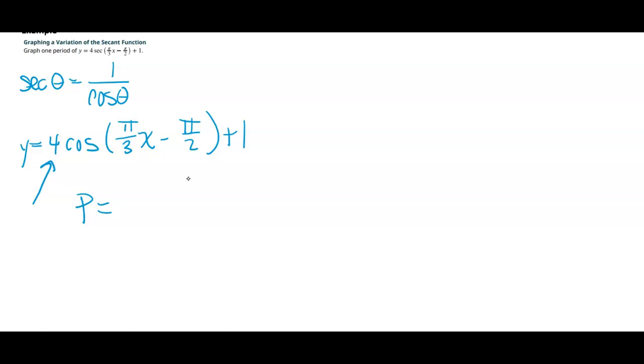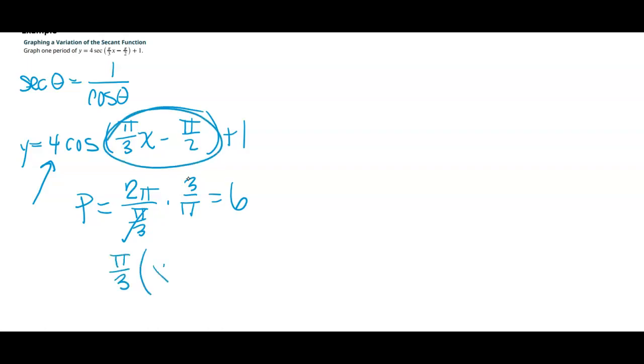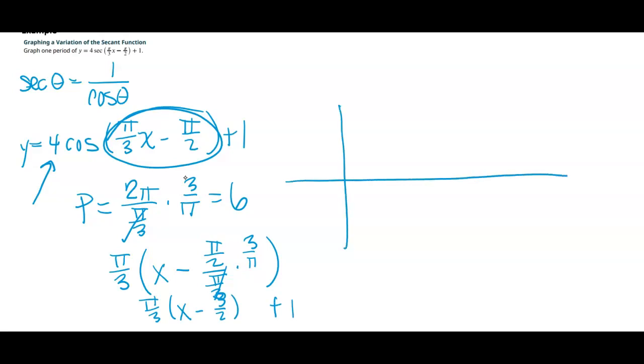I have a period of 2 pi over pi over 3, which is 6. And when I do my shift here, if I factor out a pi over 3, I get x minus pi over 2 over pi over 3, which ends up giving me pi over 3 on the outside and then x minus 3 halves on the inside, plus 1. So let's go ahead and graph that cosine graph first.